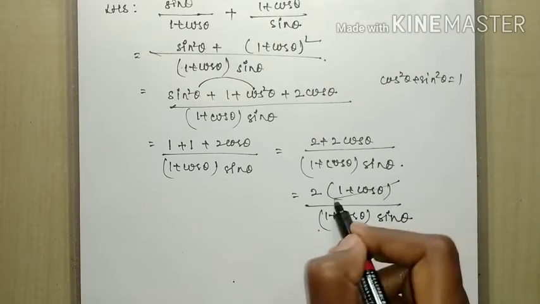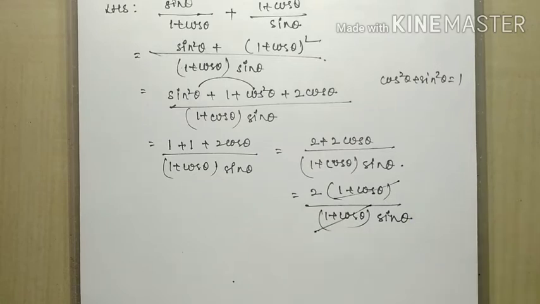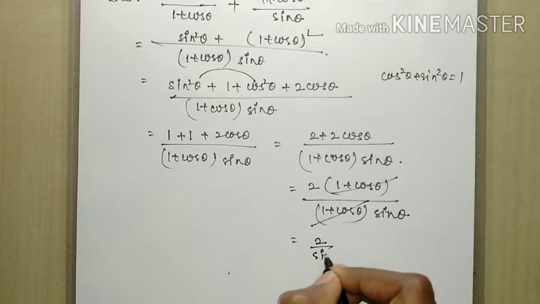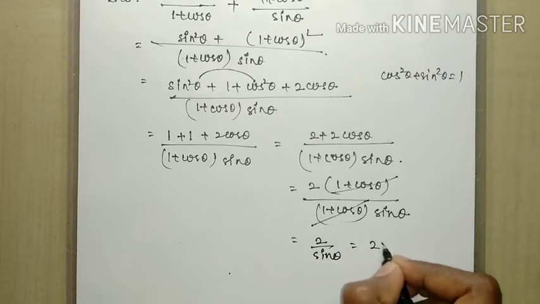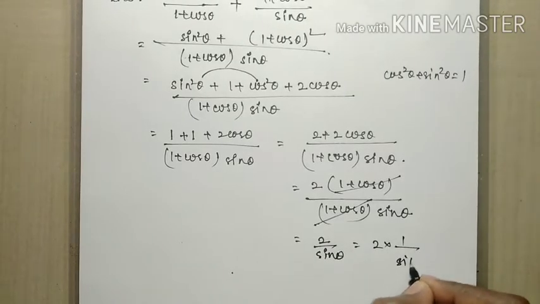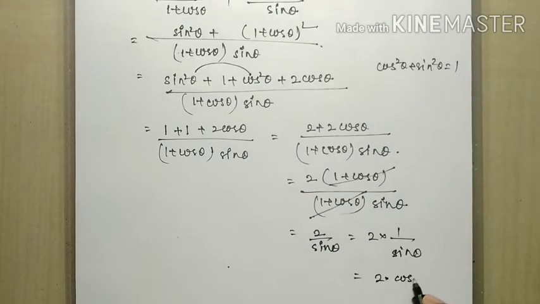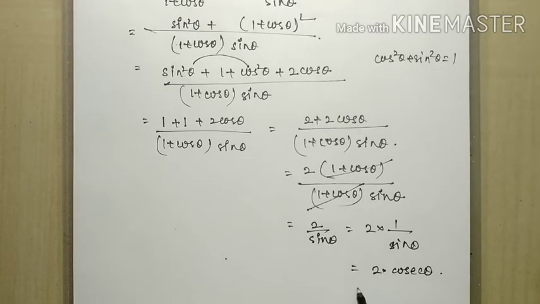Now 1 plus cos theta and 1 plus cos theta will get cancelled. So we have 2 by sin theta, that is 2 into 1 by sin theta. That is equal to 2 into cosecant theta, since the reciprocal of sin is cosecant theta. So this is the RHS.